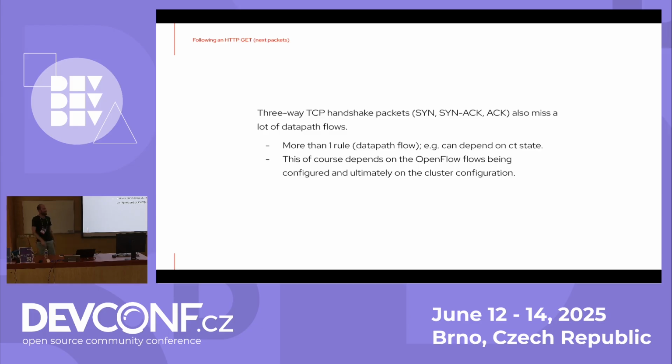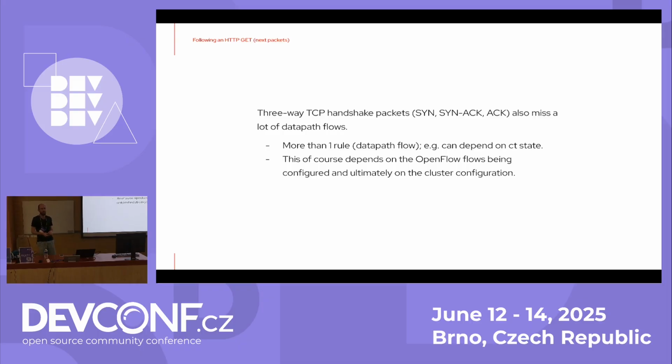So for the three-way TCP handshake, we're basically seeing the same thing. So we have packets going in, we have miss event, we have upcalls, and flows and packets are being reinserted, and so on and so on. And you can see the same logic for those three first packets. So this is because rules, well, flows will depend on conntrack state.